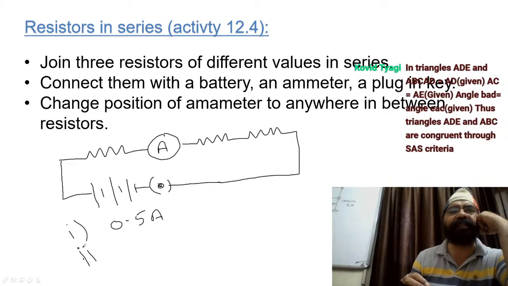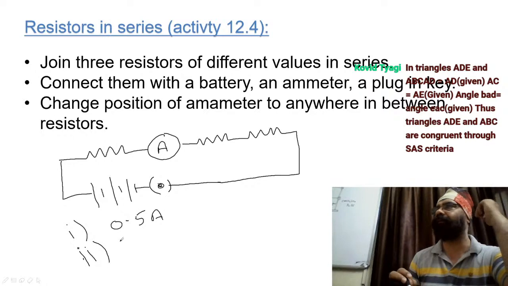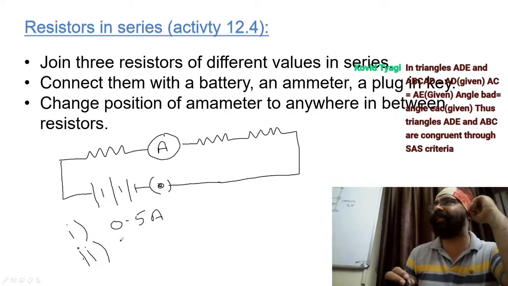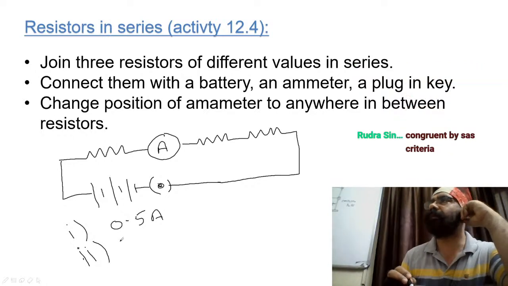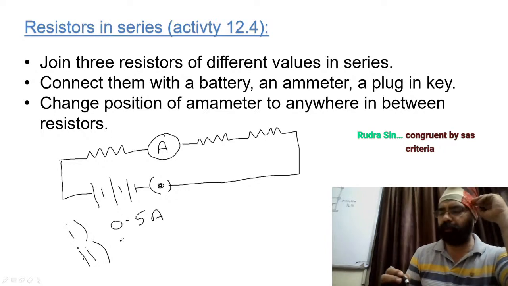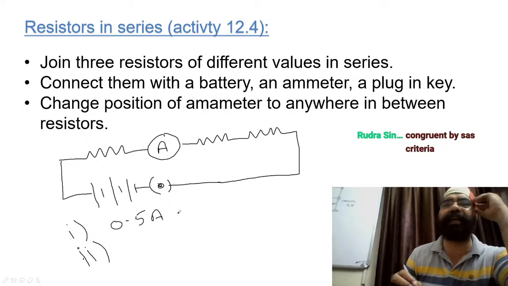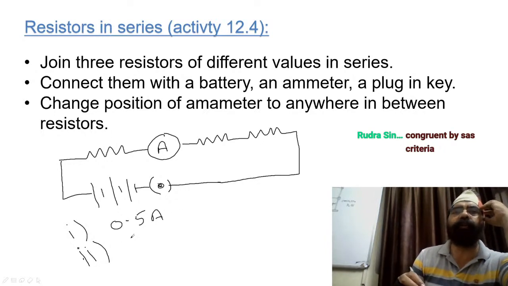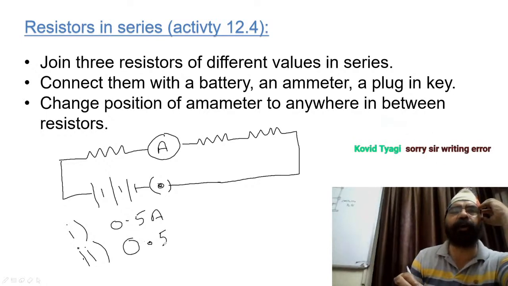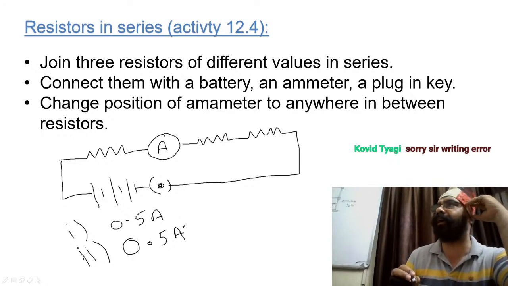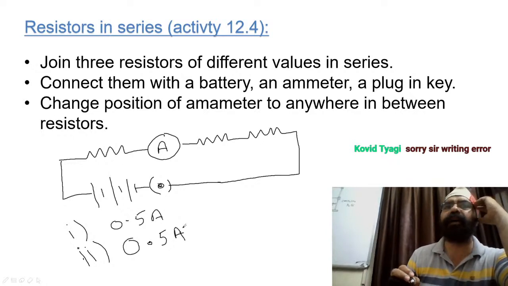Will the reading be the same? Will it be different? No response, there's a delay, I suppose. Don't worry. When I take the second reading, it is again 0.5 amperes, which means there is no change in the current.